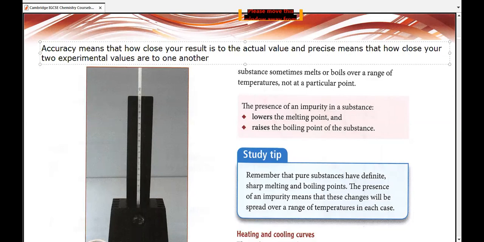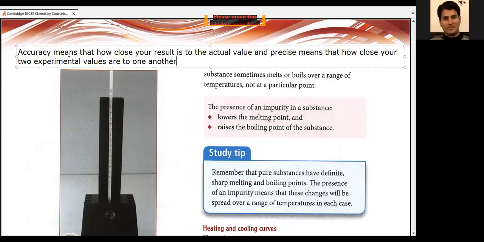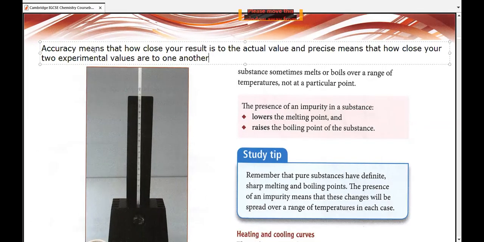That is accuracy and precision. You might want to write that down in your book. Go ahead, note it down, and when you're done noting, let me know.